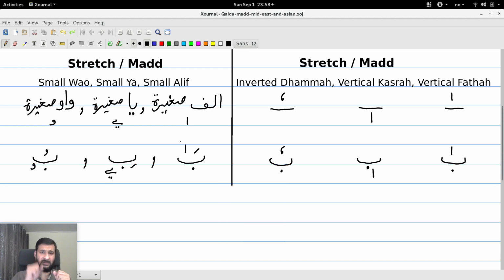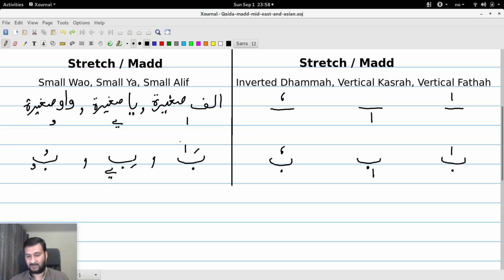The time it takes to open and close the finger once is the amount of time to stretch this mud. These stretch letters are called mud, but they are small notifications, so that's why it's Alif Sagheera, Ya Sagheera, Wao Sagheera, or small mud. All of them are huruful mud, or the mud letters.